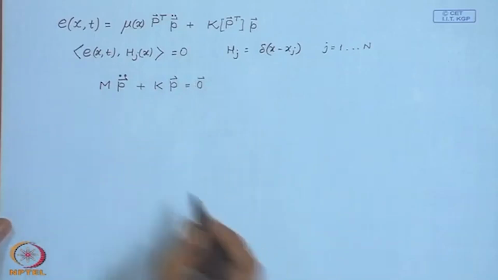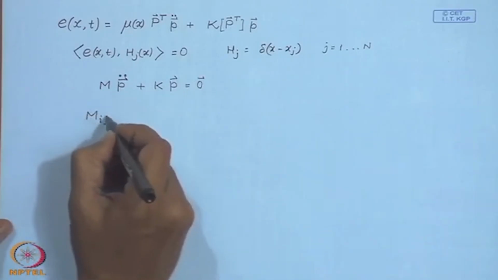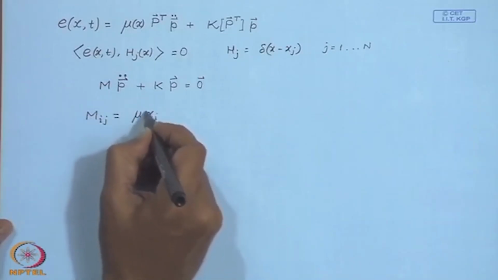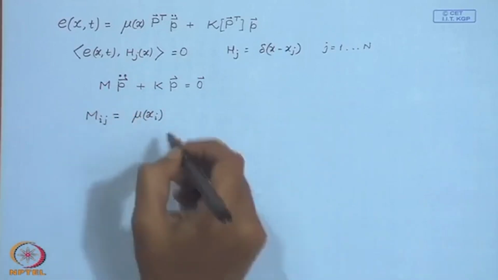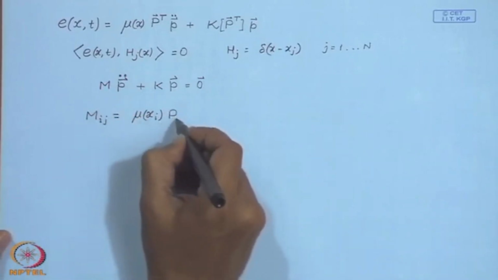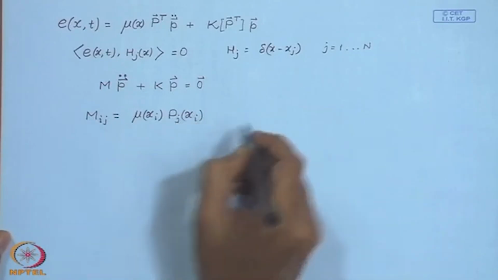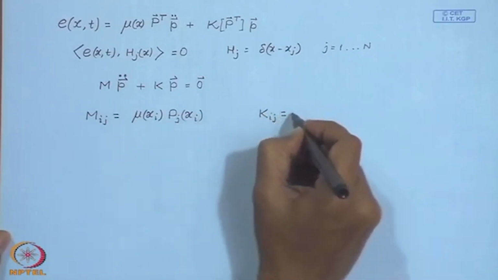This is the discretized equation of motion, where these matrix elements are obtained like this.